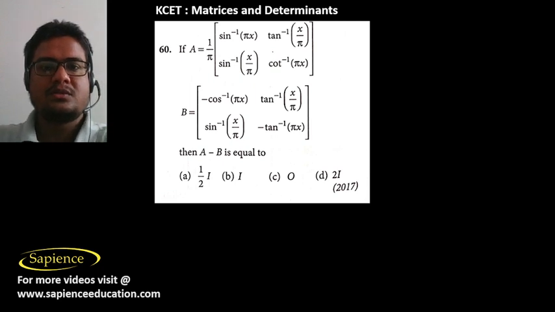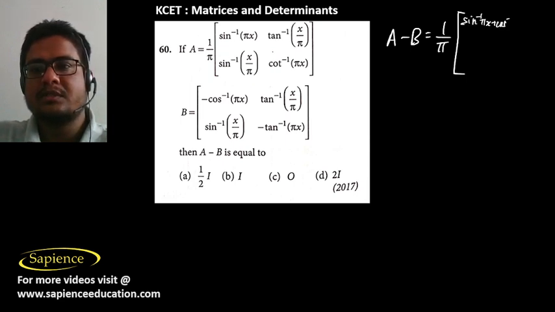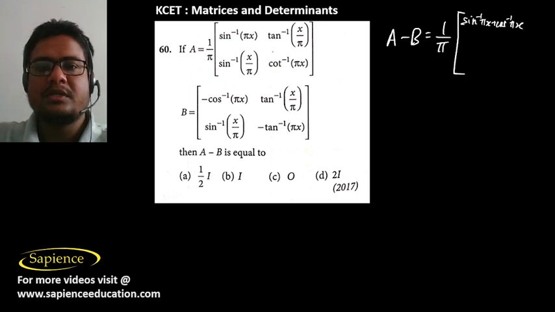Then number 60, it is told you have to find the matrix A minus B. So it will be 1 by pi into sine inverse pi x minus of minus cos inverse pi x. So this will be sine inverse pi x plus cos inverse pi x, tan inverse x by pi minus tan inverse x by pi, that is 0. Sine inverse x by pi minus sine inverse x by pi, that is 0.